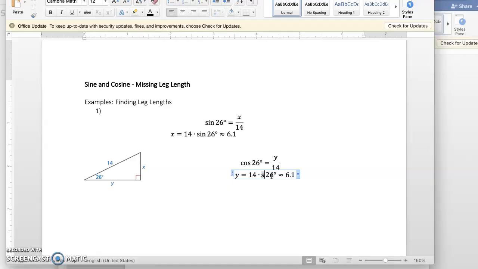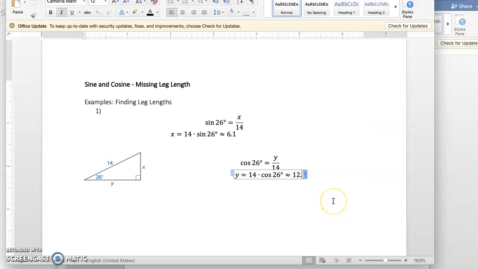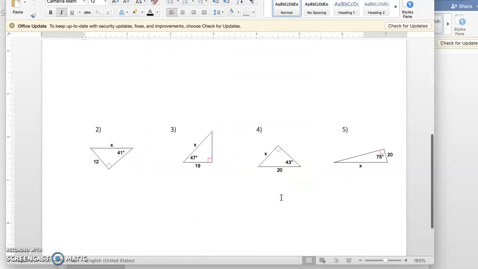So notice some of the work, you're just deleting things out and inserting in a different trigonometric ratio and variable. Now this isn't going to equal 6.1, so when we go back to our calculator, we're going to say 14 times the cosine of 26, and our leg length for that is about 12.6, which is what that squiggle equal sign is.